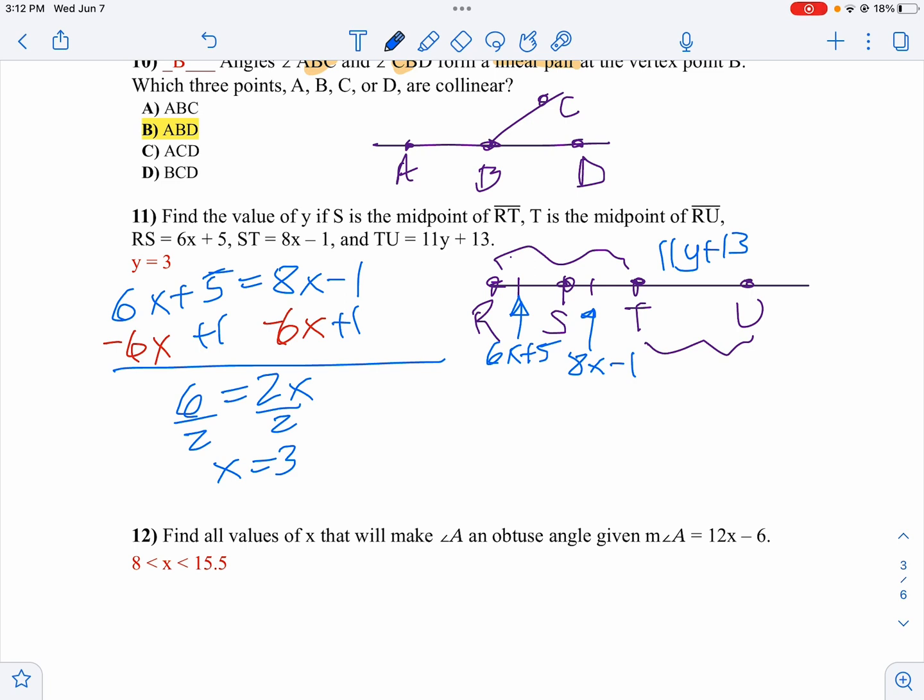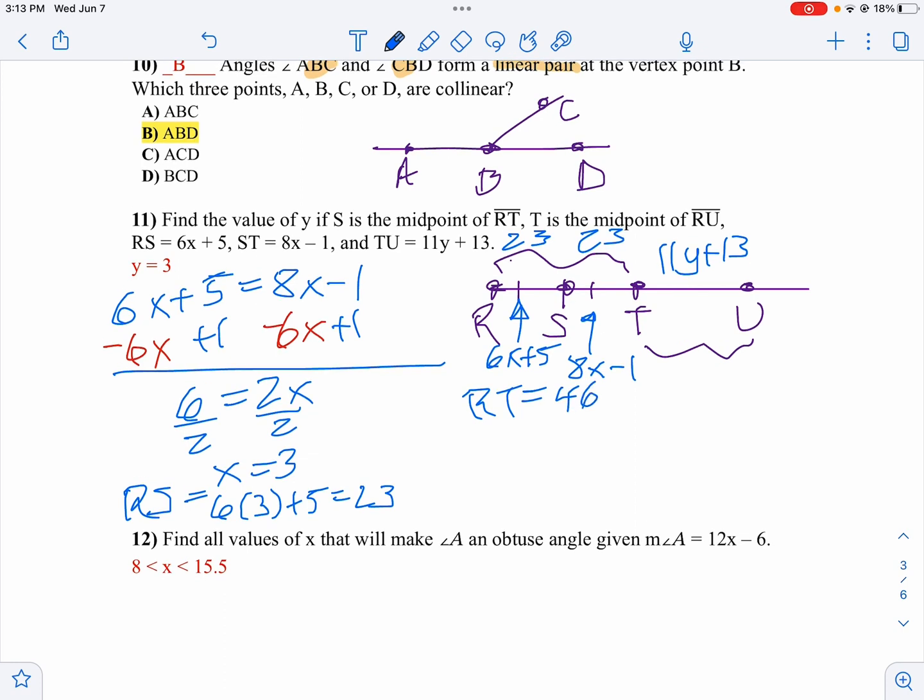Now I can use that to find RS. So RS is 6 times 3 plus 5. That would be 18 plus 5, which would be 23. So in other words, RS is 23. ST is 23. Since that means RT is 46.